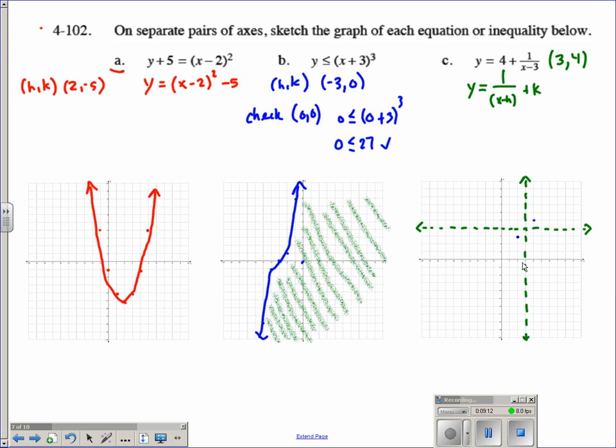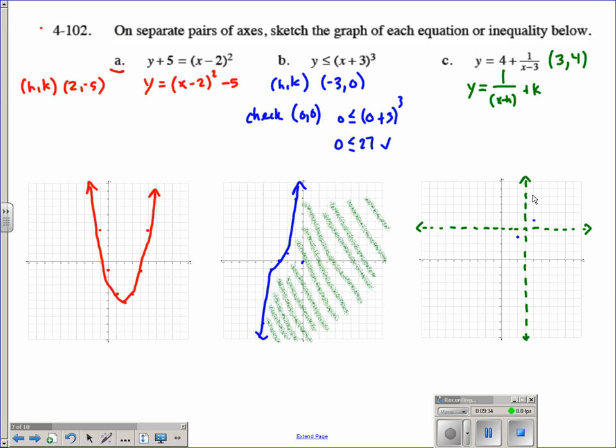Now, to come up with that value, we could plug in 4. If x was 4, we have 1 divided by 4 minus 3, which is 1 over 1. We have the point 4 plus 1, so (4, 5). So I went over 4, and I went up 1, 2, 3, 4, 5.